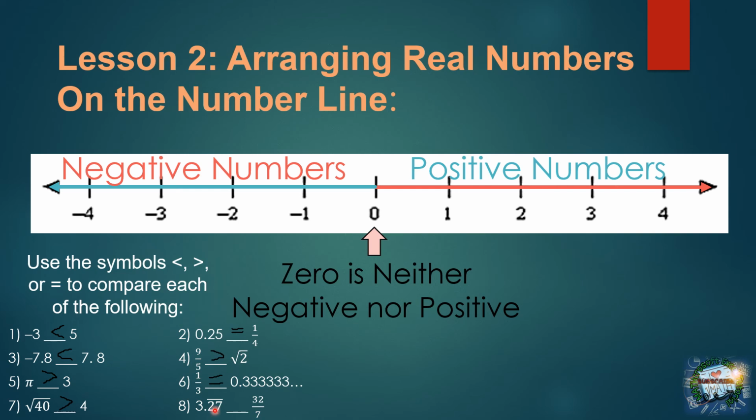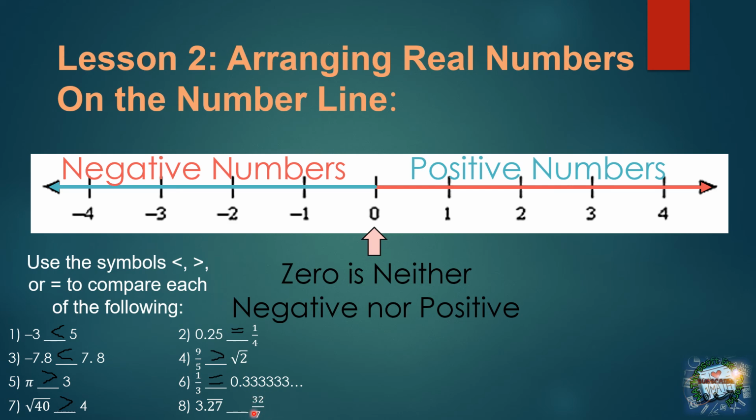Okay? And how about this one? 3.2727, with vinculum. Pero itong 32/7, that's an improper fraction. 32 divided by 7, may makukuha tayong 4 point something na siya.